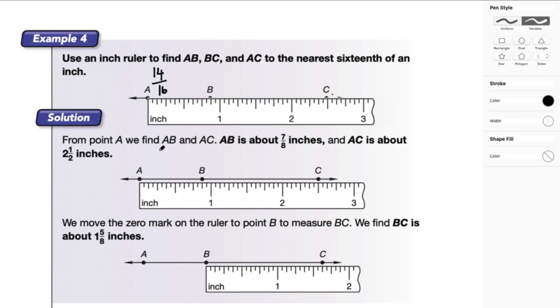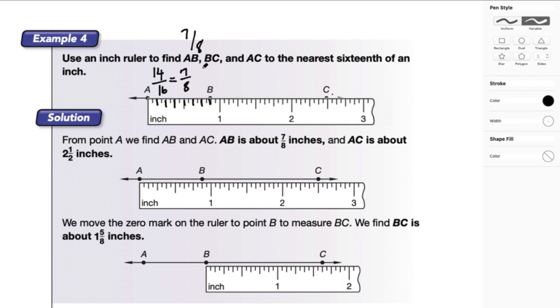But you might be looking at that and seeing that you can actually reduce that fraction. If we thought about this in terms of eighths, which I'm making these lines darker, it would be 7/8. And that makes sense because if I divide the top and bottom by 2, I get 7/8. So AB is 7/8. They have the solution here, but we're just going to talk about it ourselves.